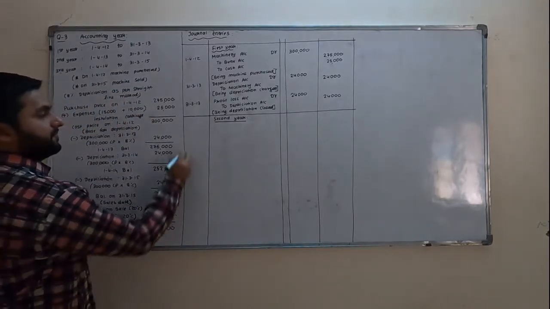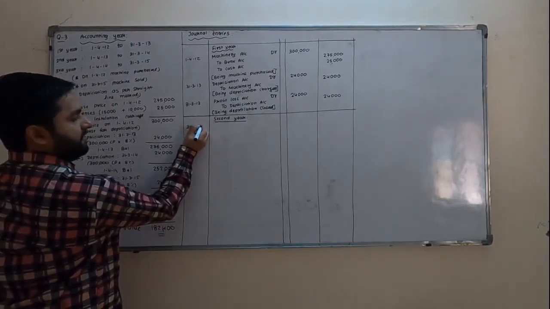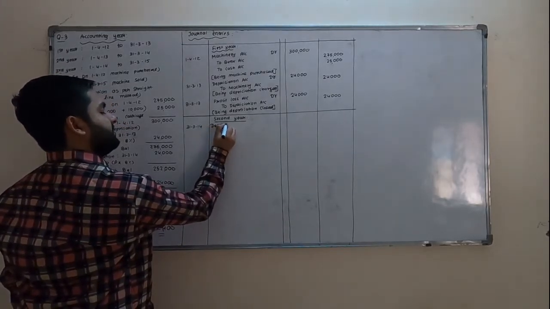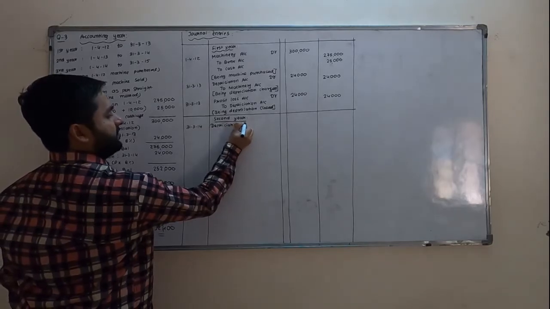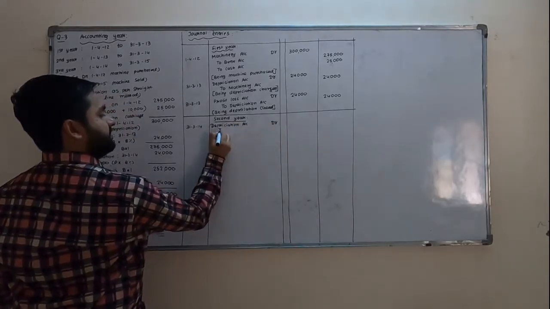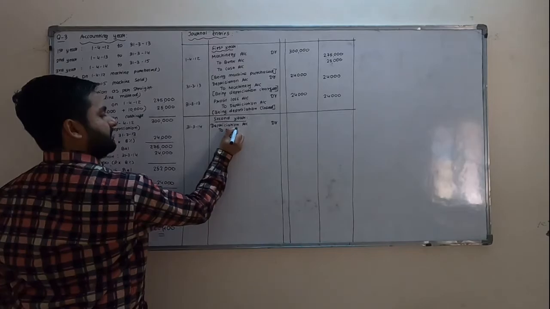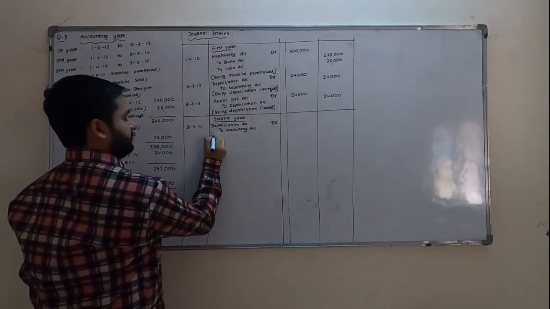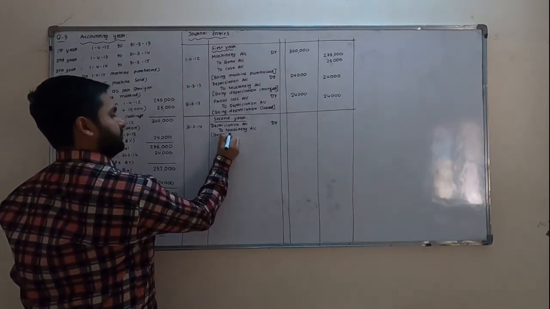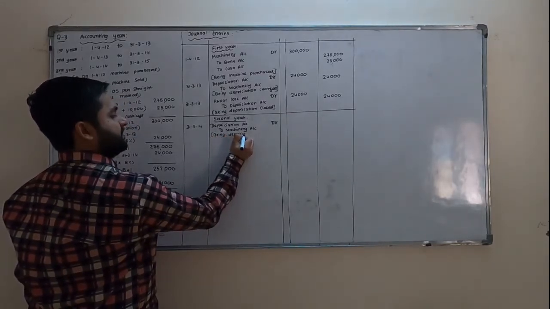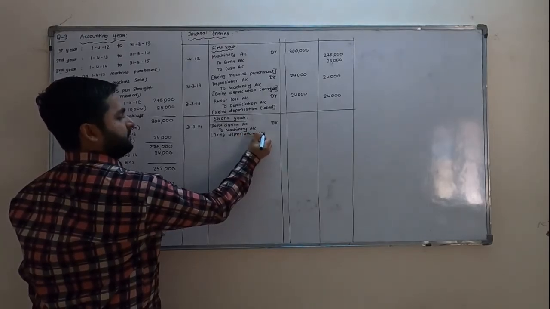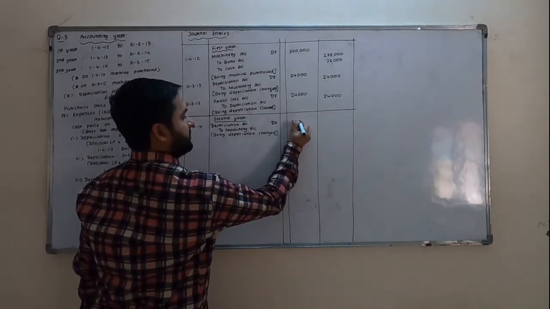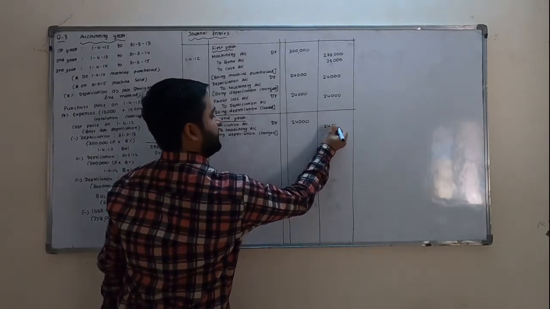So second year. In second year, date will be 31/3/14. Entry for depreciation will be depreciation account debit to machinery account. Being depreciation charged. Amount 24,000. Always amount will remain the same in straight line method.